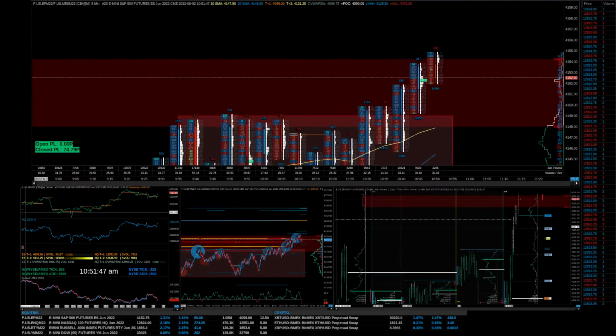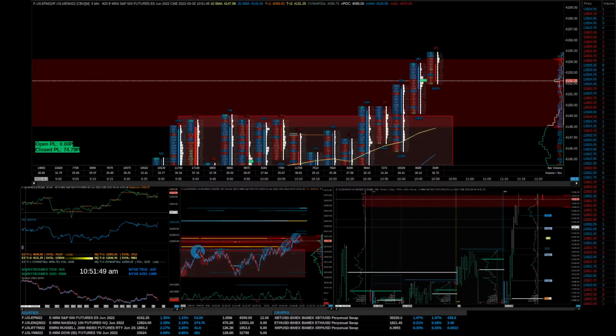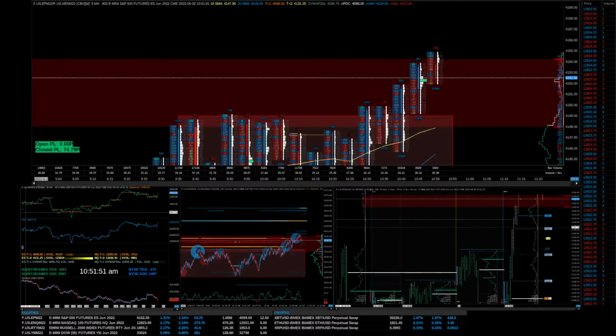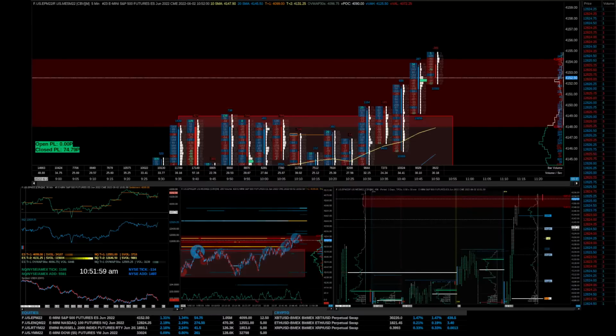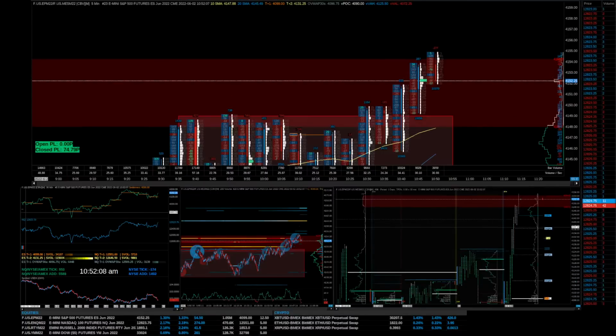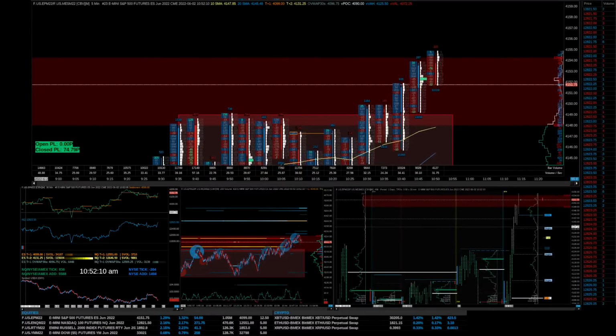Come on, Nas. Get me all out. There's a 50 lot sitting up at 38 on the NASDAQ, kind of slowing up the show. And then we got another 50 lot at 47. But clear skies above 50 on the NAS.